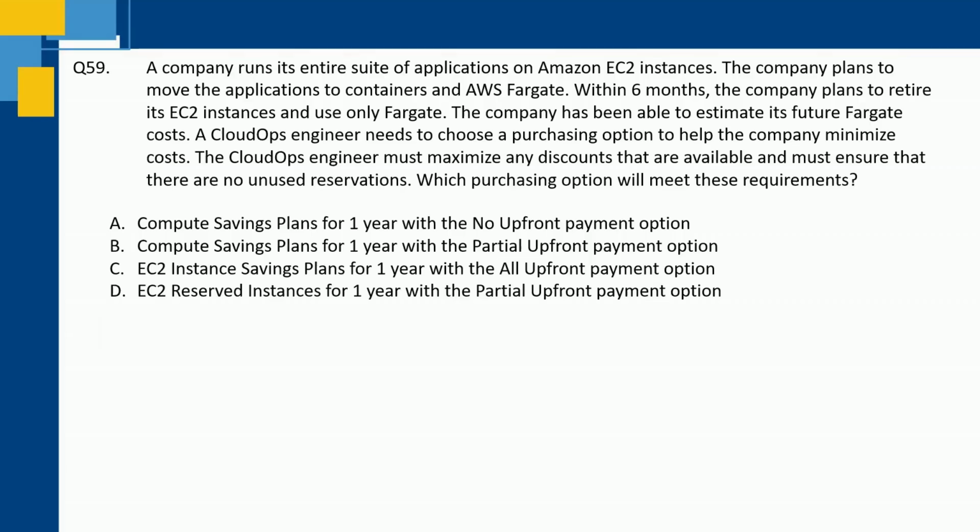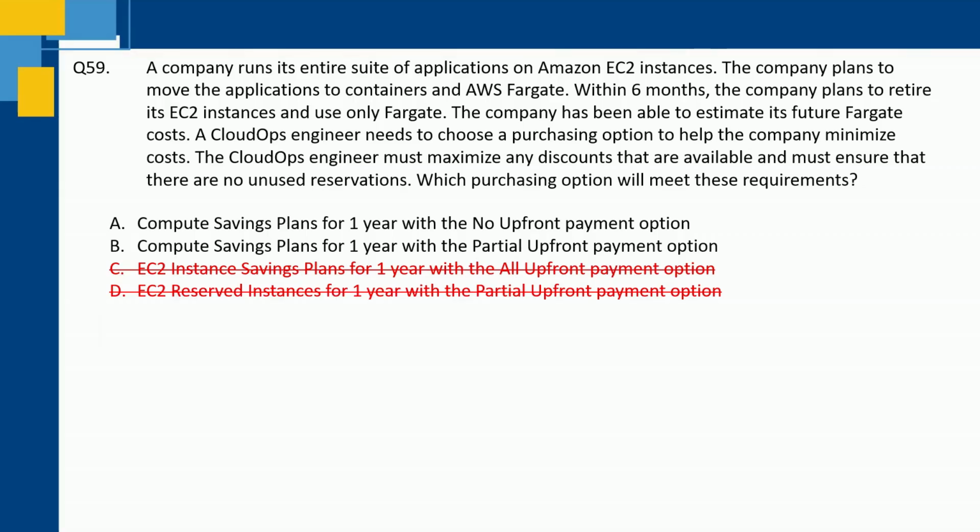Now folks, EC2 reserved instances and EC2 instance savings plans are only applicable to EC2 instances and won't be of any use once the company moves to AWS Fargate in the next 6 months, so you can rule them out. Discounts offered by compute savings plans apply to any compute usage including EC2, Lambda and Fargate, making them the right fit here.